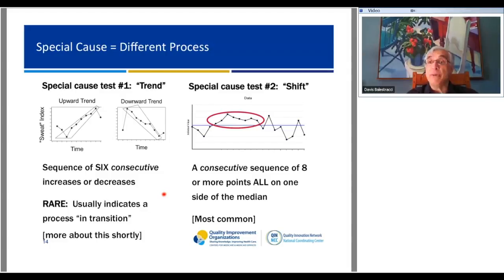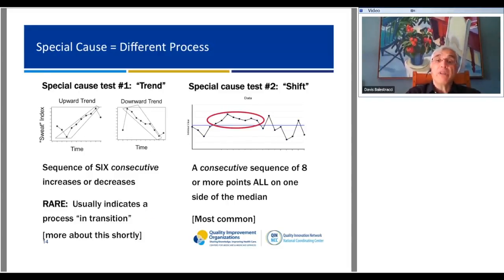And you're going to find this to be quite rare. And what I'm going to show you using my friend's data is it usually indicates a process that's in transition. In other words, it's not going to continue. So that's the trend test, and you're rarely going to see it.